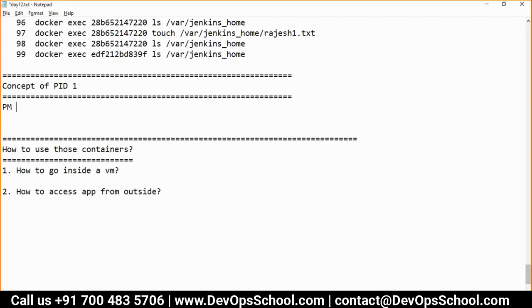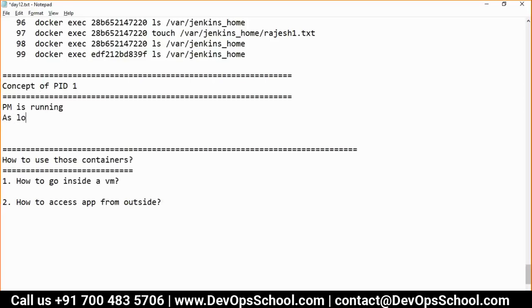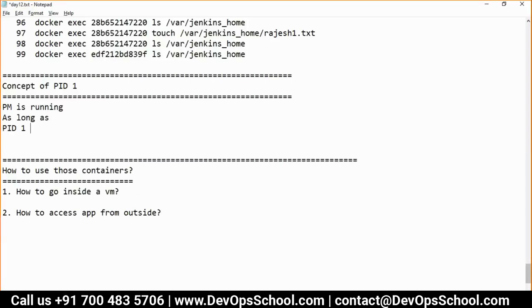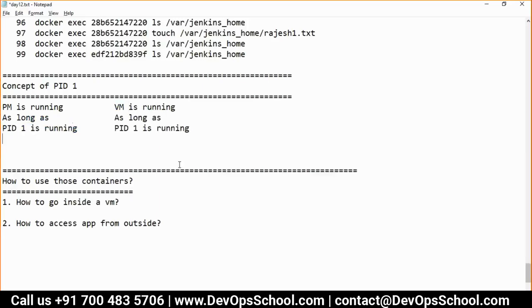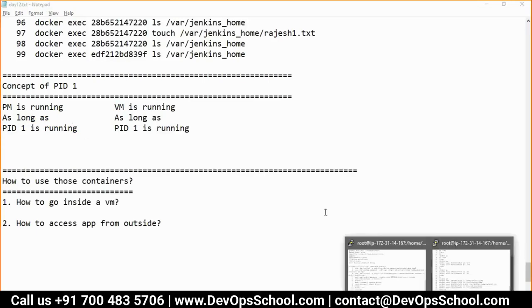Now, your physical machine is running as long as PID1 is running, very simple. A virtual machine is running as long as PID1 is running. PID1 is what?